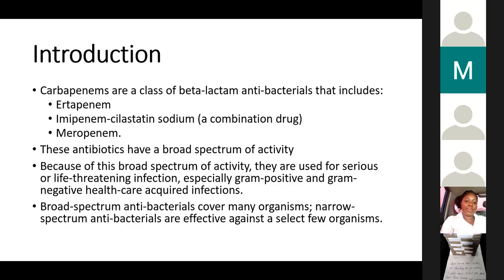They have the widest or the broadest spectrum of activity, and like vancomycin, they are reserved for very serious or life-threatening infections with gram-positive and gram-negative organisms, especially healthcare-acquired infections. So hospital-acquired infections, or what we call nosocomial infections, you would typically use the carbapenems.